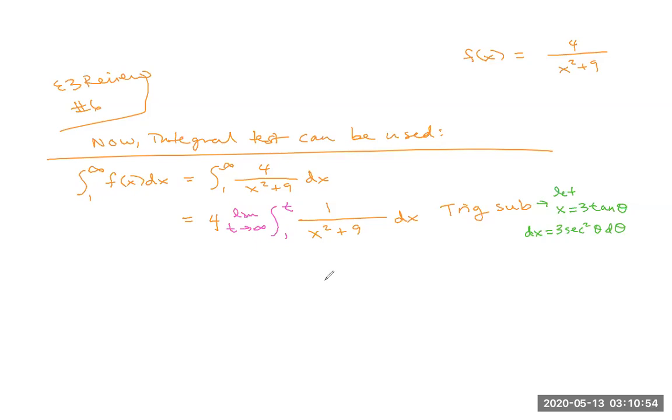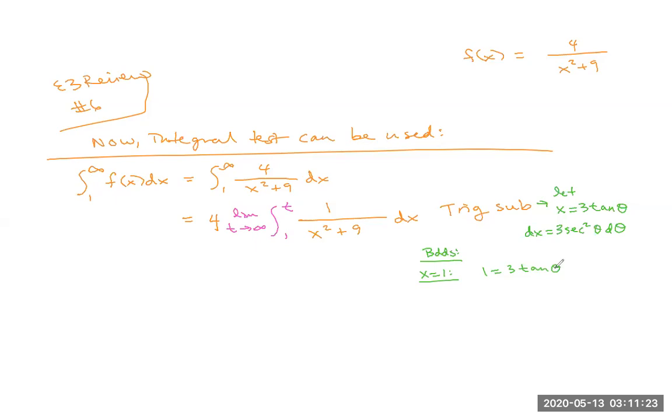Okay, and then we can also go about changing our bounds here. Just be careful. If it's easier, you can kind of maneuver leaving off the bounds, but it gets a little tricky when you have a limit in here. So we have, remember these are x values here. When x is equal to 1, we have 1 equals 3 tangent theta.